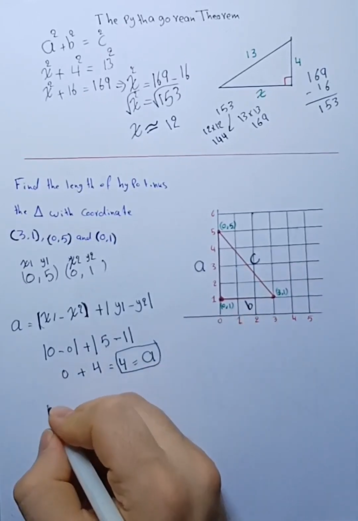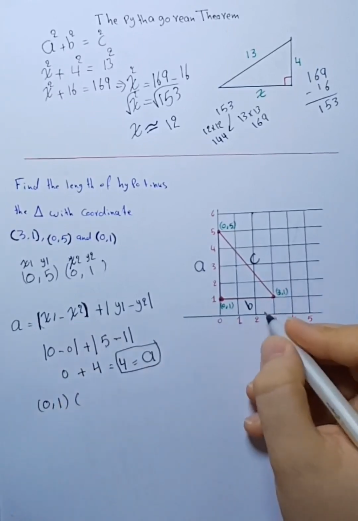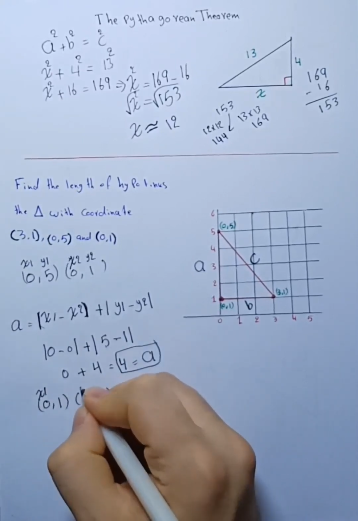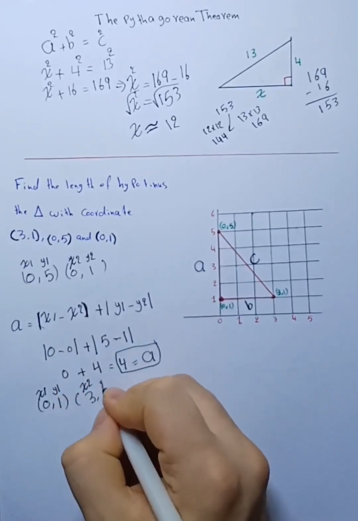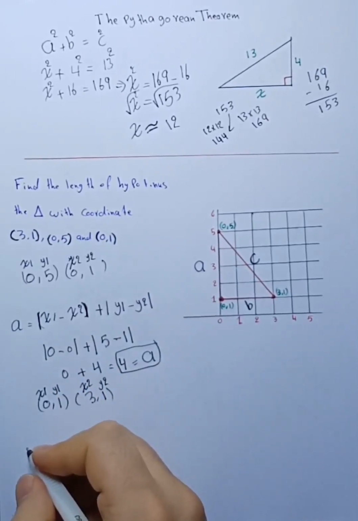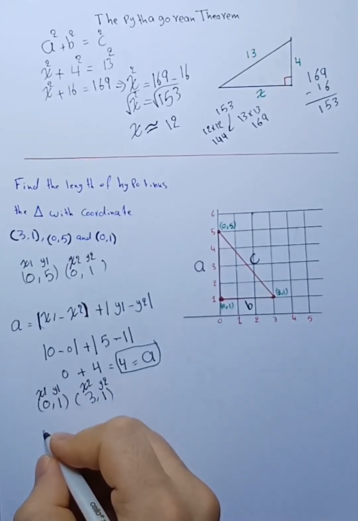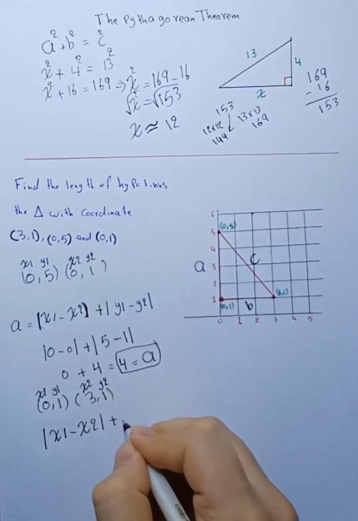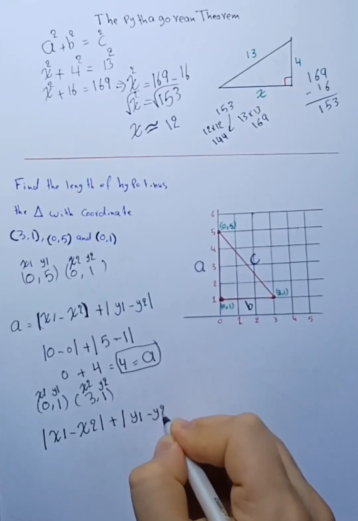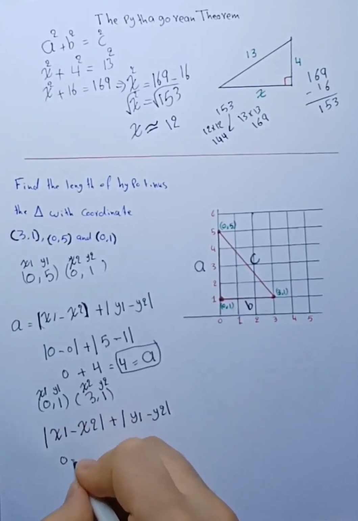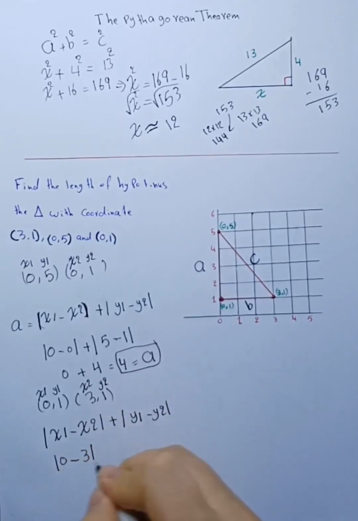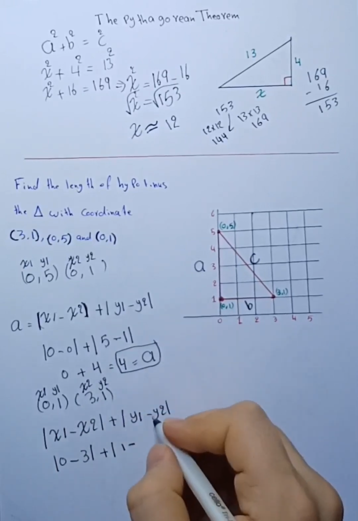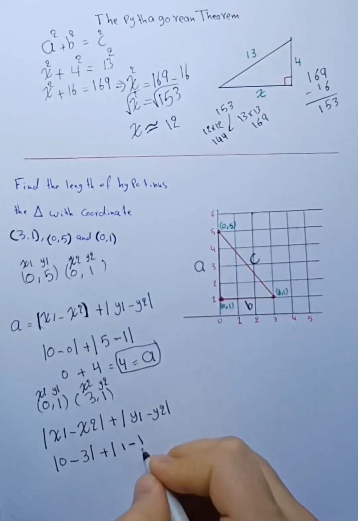And then for finding the value of B, you have to use these two ordered pairs, (0, 1) and (3, 1). This is x1, x2, y1, y2. So the distance rule is the absolute value of x1 minus x2 plus the absolute value of y1 minus y2. x1 is 0 minus x2 is 3, plus y1 is 1 minus y2 is 1.